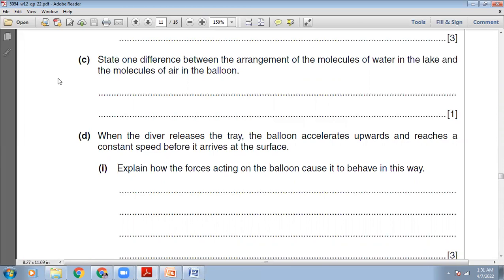In the gas form, the molecules move individually, randomly, in all directions, and they occupy whatever container you have provided them. They will occupy the volume of that container. But in the case of the liquid, the molecules move around in the form of clusters, and they cannot occupy all the volume of the container. The volume of the liquid is fixed. So it's not necessary that it will occupy all the volume of the container.